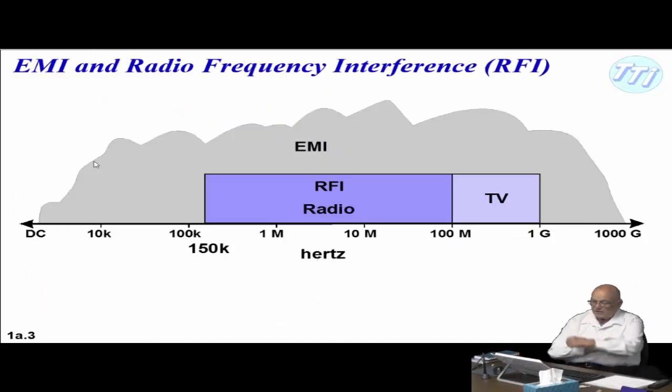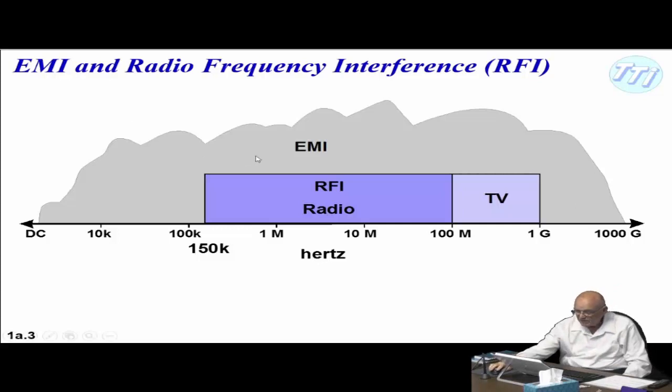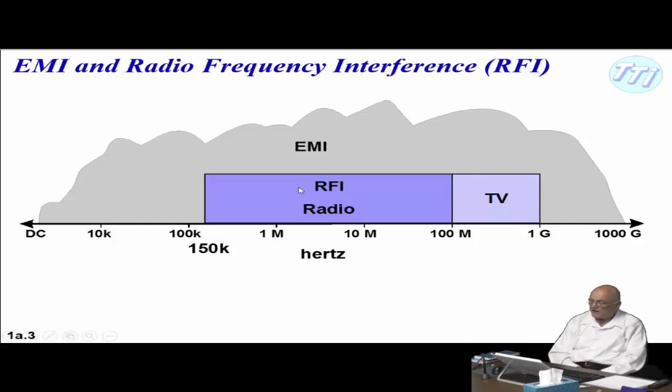If we look at EMI and radio frequency interference, we can see that on this level here, going around here, you can see that we have radio and TV. Back in those days, we actually used the term RFI, radio frequency interference, because that was what they were interested in.